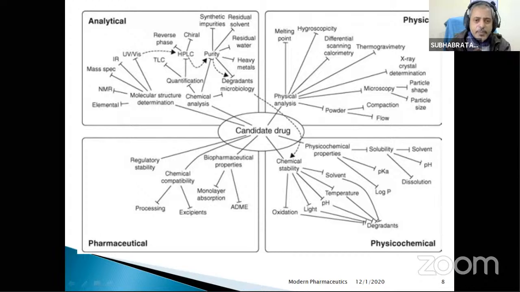However, in a smaller company, in a small setup, the formulation development scientist who is in charge of preformulation may need to do it on their own, and then you have to do everything right from the beginning. So after the analytical preformulation, we have the knowledge about the identity of the API. We know that yes, this API is the one.